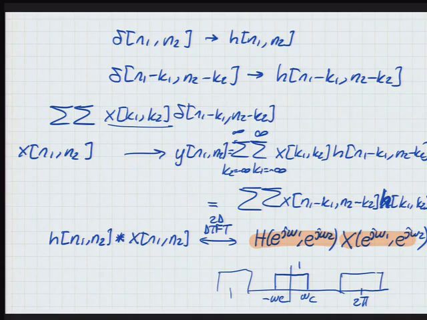A square, right? And in fact, you don't even need to have the same cutoff. You can have a cutoff omega c1 in one direction and omega c2 in the other direction. Then it's 1 inside the box, and outside it's 0, right?